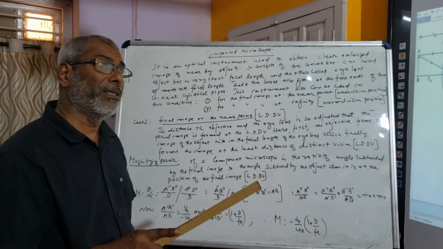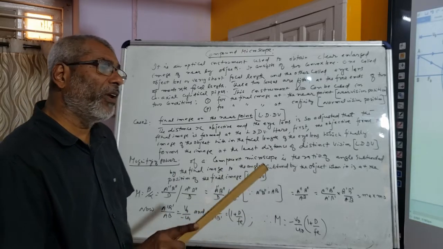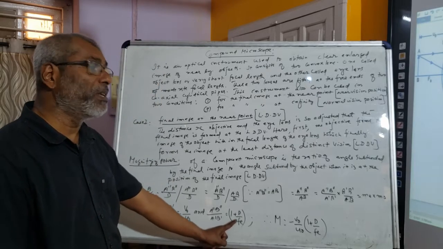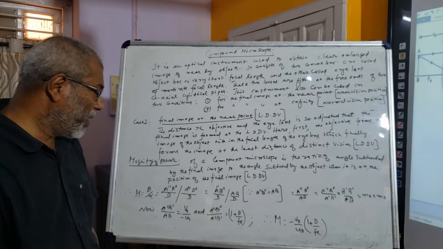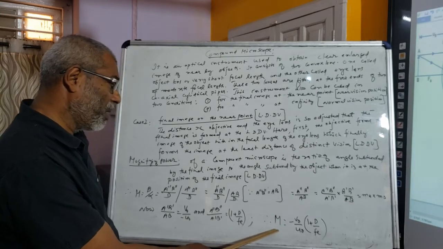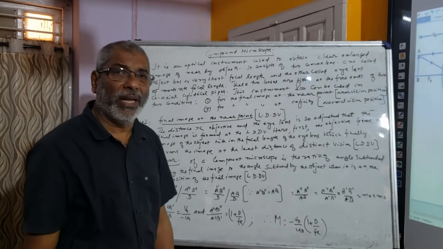So this is acting as a simple microscope or magnifying glass. For a magnifying glass, we have already seen the magnifying power is equal to 1 plus D by Fe. Hence we can write the magnifying power M is equal to minus VO by UO into 1 plus D by Fe.